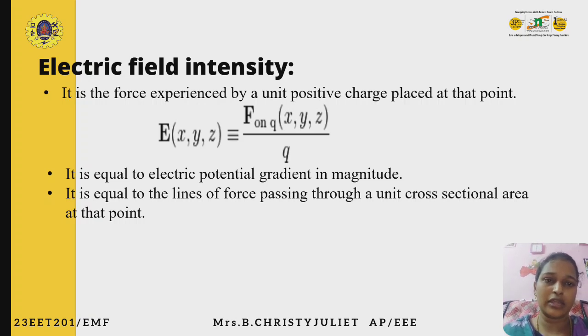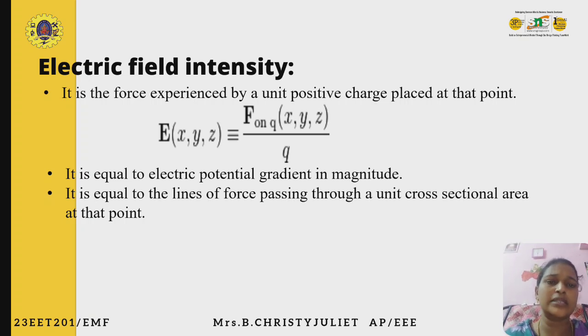So we can reduce the equation to E is equal to Q by R square, and as a vector, E vector is equal to Q by R square into AR vector.